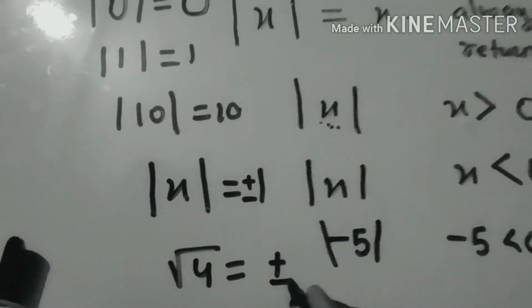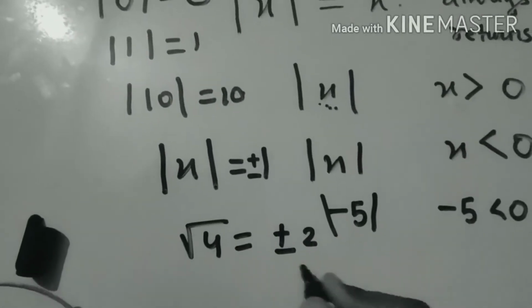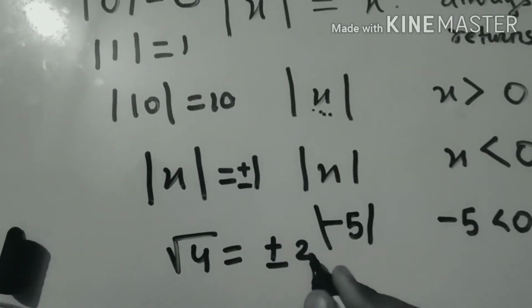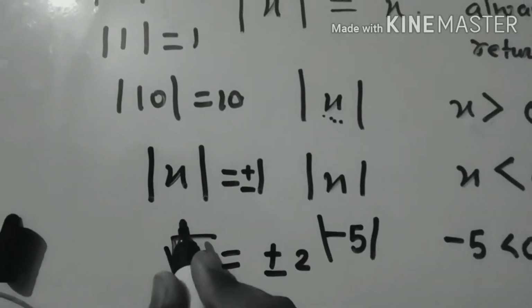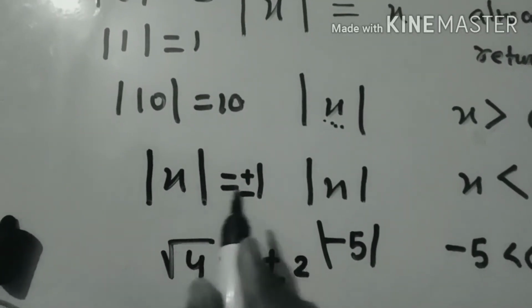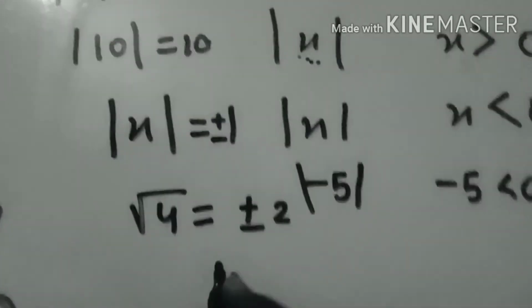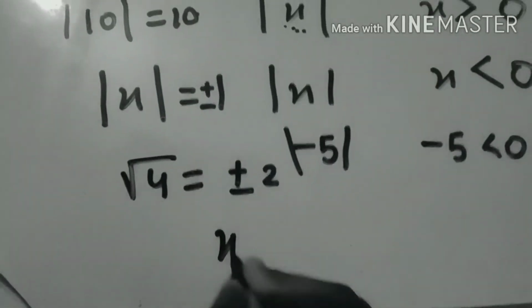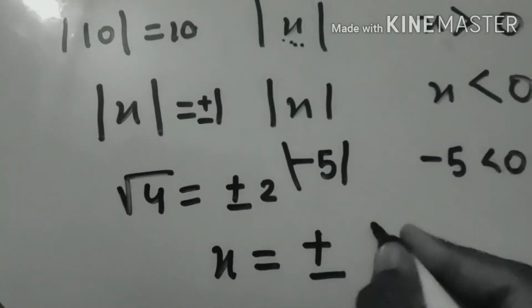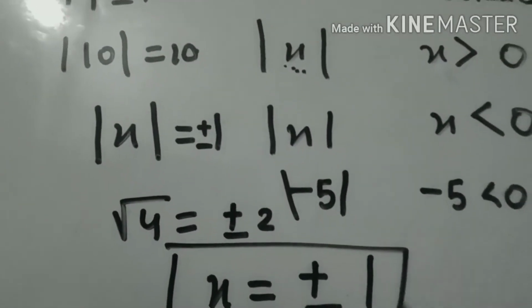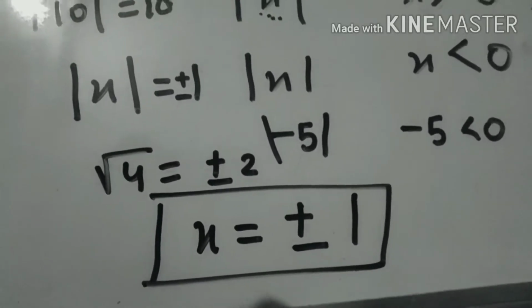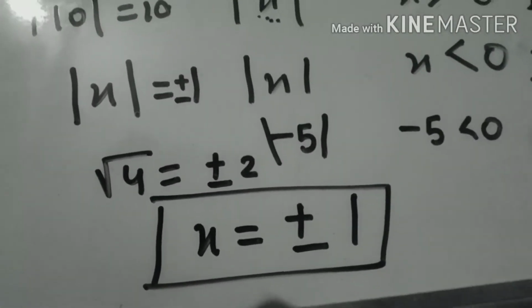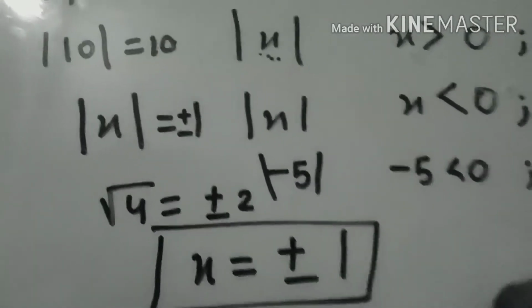Root 4 is equal to plus minus 2, because the square of minus 2 is also 4 and the square of plus 2 is also 4. Similarly, when the value of x is asked and it is given that modulus of x is equal to 1, then x will equal plus minus 1. So whenever we eliminate the modulus sign, we put a plus and a minus sign on the other side.